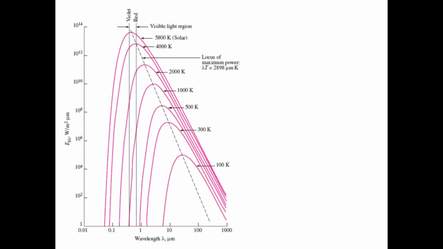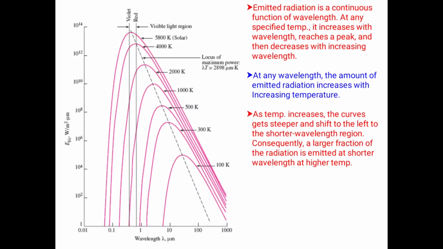This is a diagram for Planck's distribution law. The emitted radiation is a continuous function of wavelength at a specified temperature. It increases with the wavelength, reaches a peak, and then decreases with increasing wavelength. At a given wavelength, the amount of emitted radiation increases with increasing temperature.